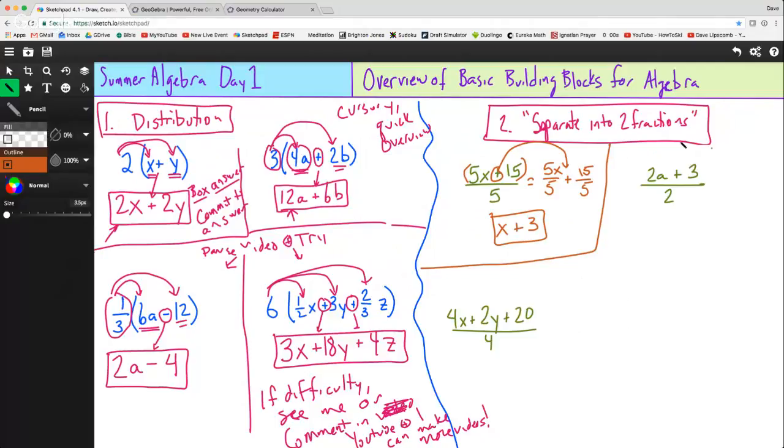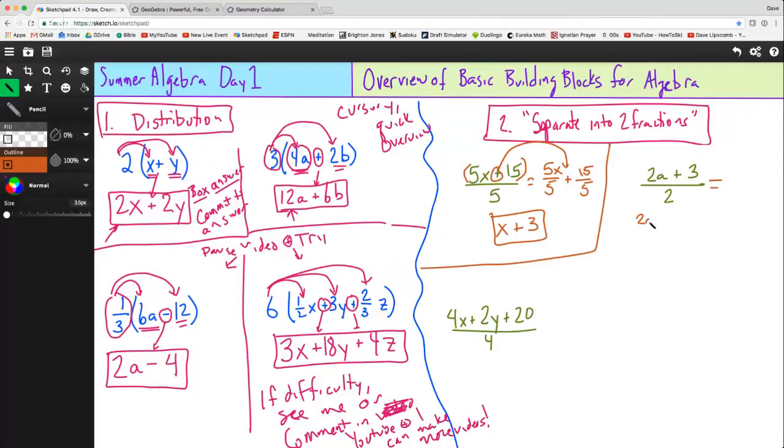So let's do the same thing here. Now 2a plus 3 over 2 does not equal a plus 3. You can't just divide the first one. You have to say that's 2a divided by 2, and then 3 divided by 2. You have to say it's the whole thing. Each piece, each term needs to be divided by 2.